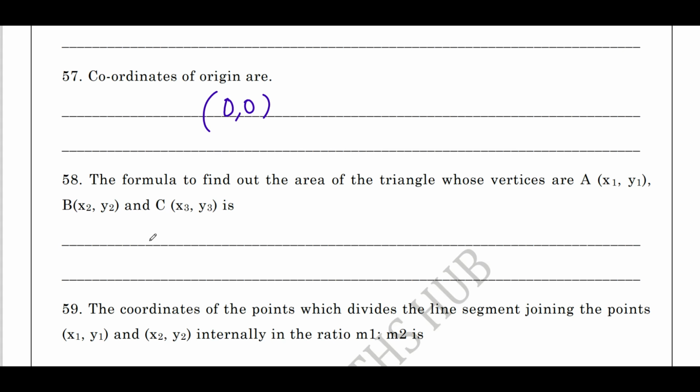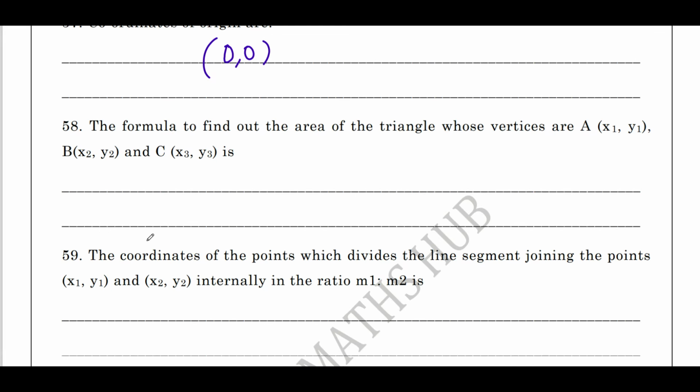The formula to find the area of a triangle whose vertices are A of x1, y1, B of x2, y2 and C of x3, y3. Therefore, area of triangle equals, based on this formula, a 3-mark question will definitely be asked. So 1 by 2 into x1(y2 minus y3) plus x2(y3 minus y1) plus x3(y1 minus y2).